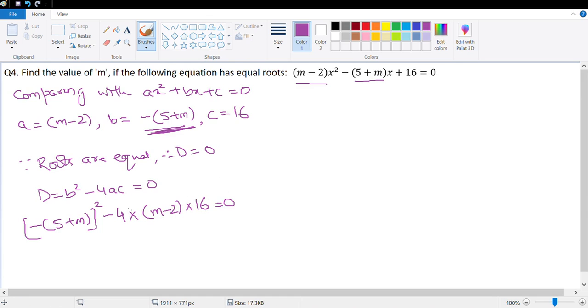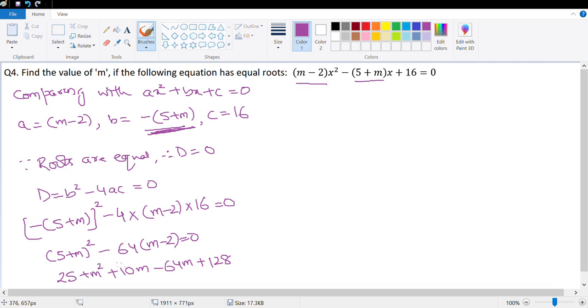Let's open the bracket. So this is a negative number to the square, so it's positive in any case. So this is basically nothing but (5 plus m) whole square minus 4 into 16, that's 64 times (m minus 2) is equal to 0. Now let's open the bracket. This is 25 plus m square plus 10m minus 64m plus 64 into 2, that's 128.